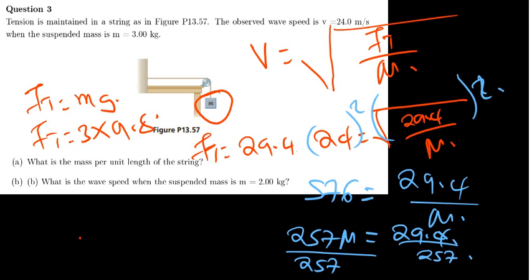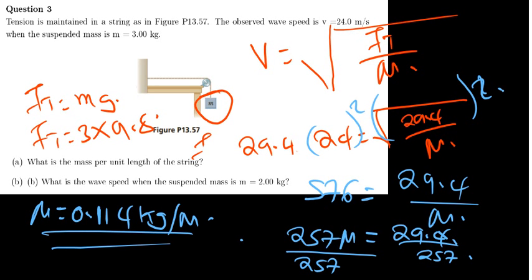Is that what you are getting? 24 squared is 576 and not 250 something. 576 mu has to be equal to 29.4.